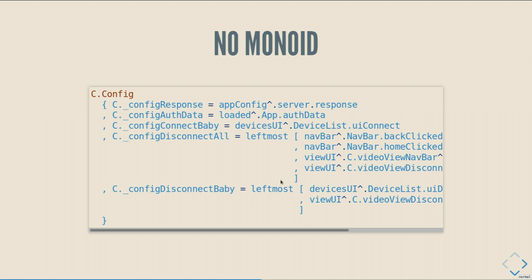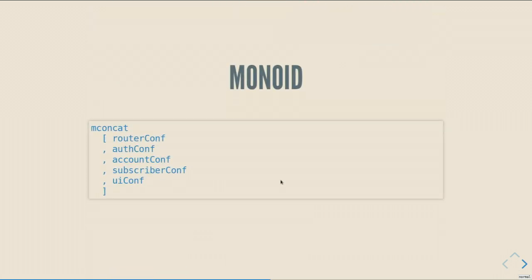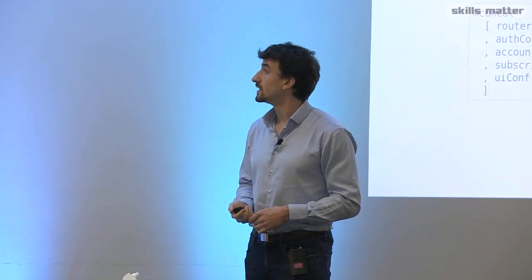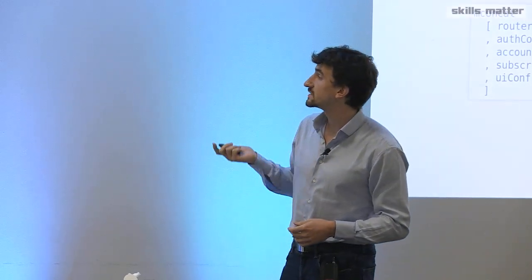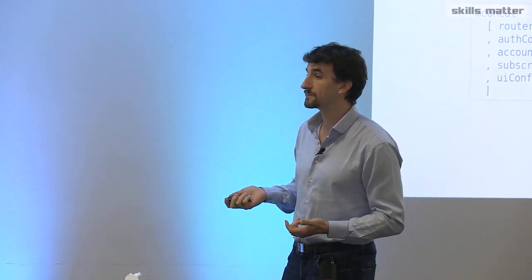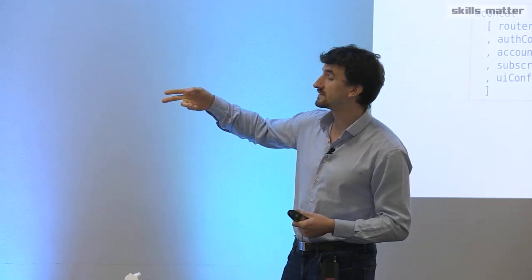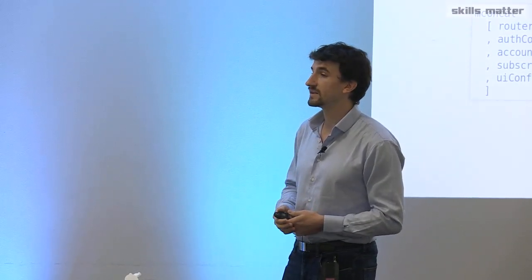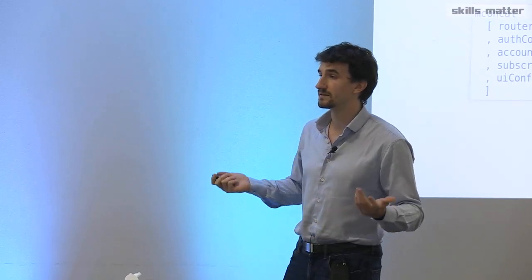So you needed all this fine-grained wiring. In comparison, with monoids, if you split up your component into smaller pieces, you're just concatenating those configs and be done with it. And the nice thing, first of all, it's concise, and second, you can't get it wrong. Because if you miss some of the configs, you will get a warning about an unused reference. You will add it, and you're fine.